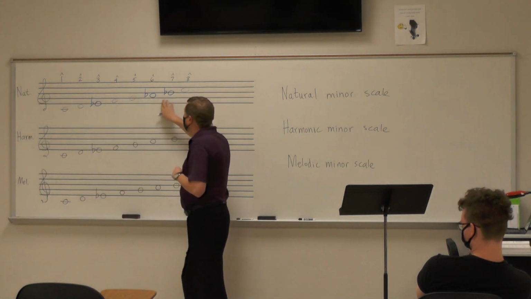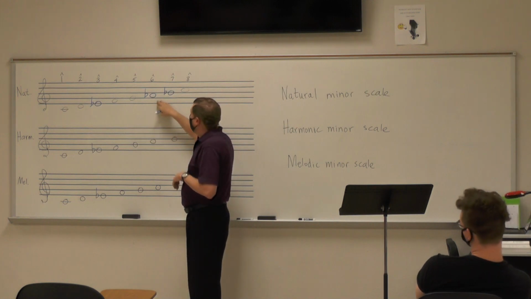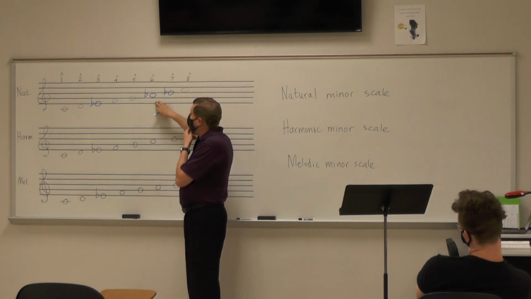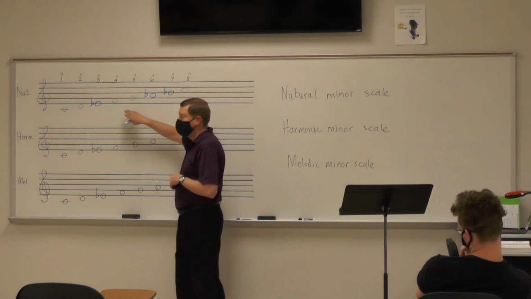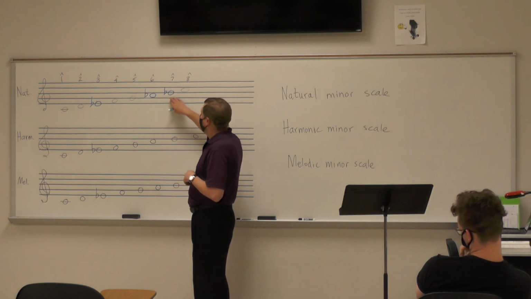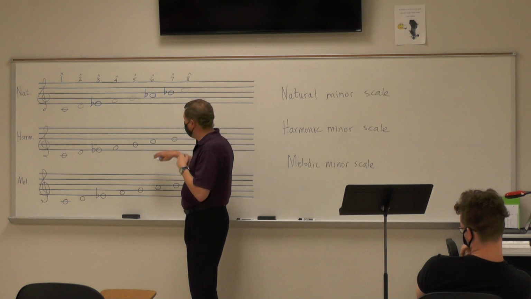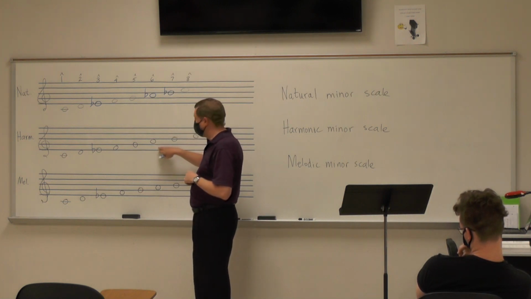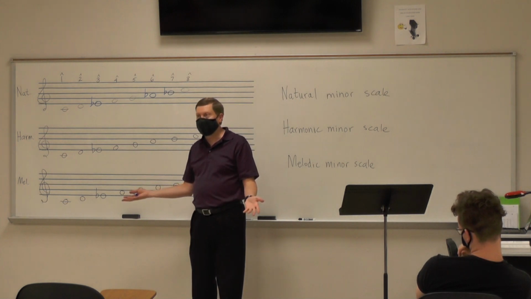Before I lowered these scale degrees, these blue ones here, they were all natural. The ones that have been lowered here are known as the minor third scale degree, the minor sixth, and the minor seventh scale degree, as opposed to the major sixth and the major seventh scale degree, which are found in the major scale, right?